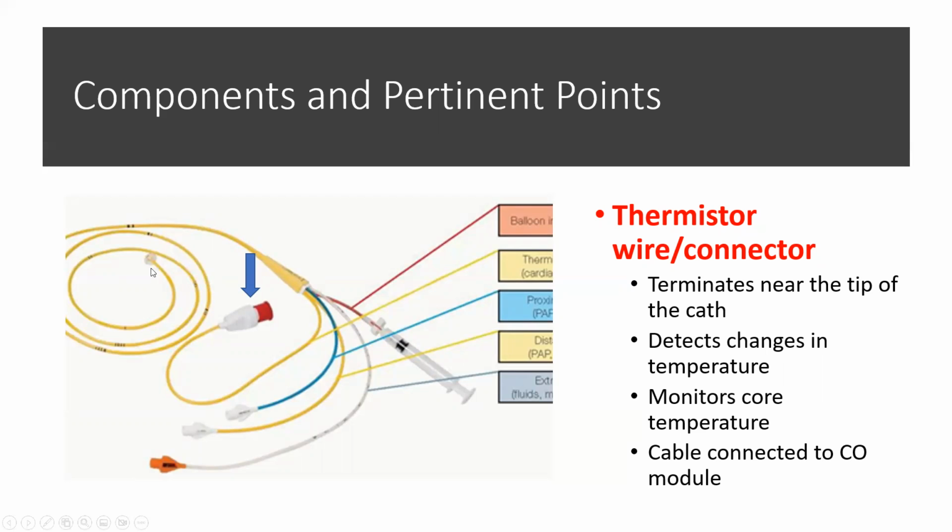It terminates around 4 centimeters proximal to the tip of the catheter. The terminal portion of the wire, termed the thermistor, lies in one of the main pulmonary arteries, and therefore this is going to be useful for the measurement of cardiac output whenever you use thermodilution.